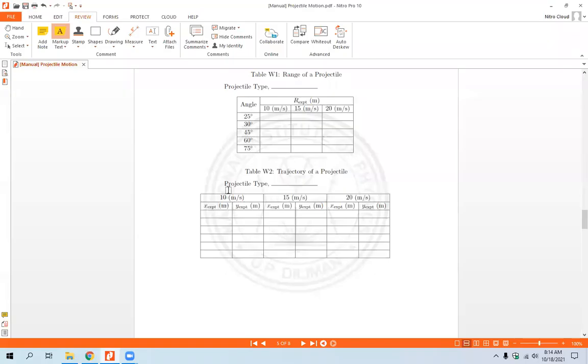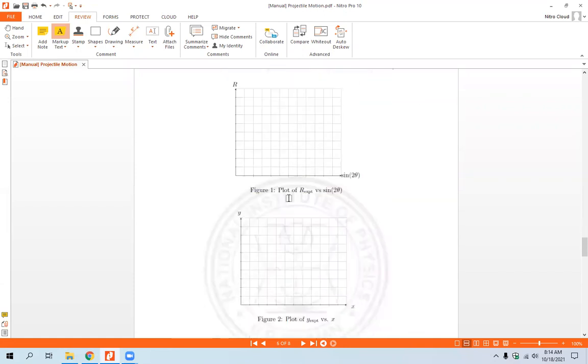So just follow the settings for each table and according to the instructions to get the data points. And of course, you'll just have to plot yung mga nakuha niyo sa tables 1 and 2. Again, superimposed. So pagpatung-patungin lang lahat sa isang graph. Note na yung x-axis niyo dito ay sine 2 theta.